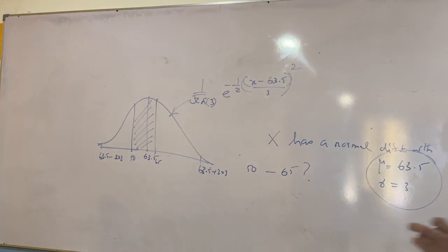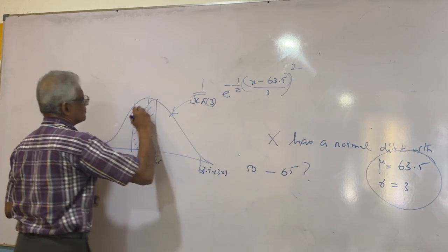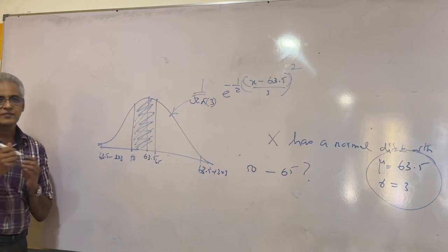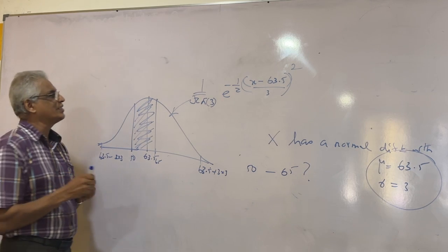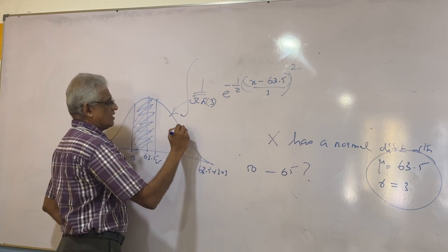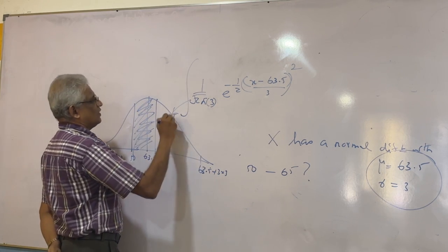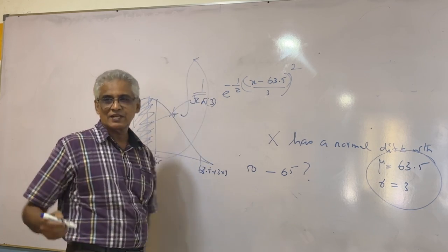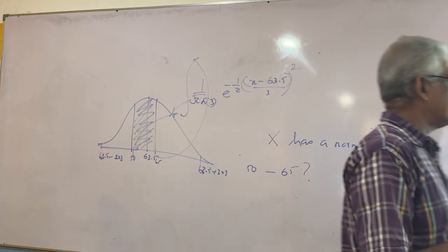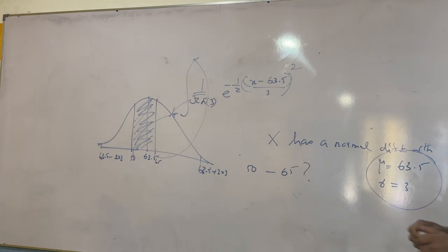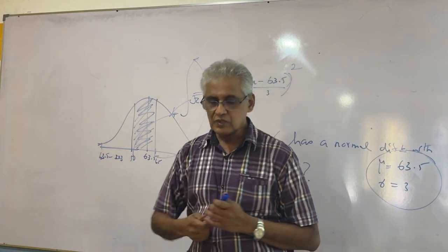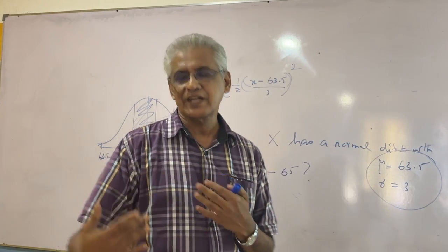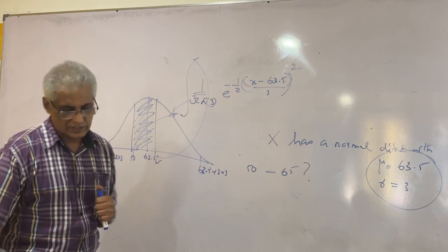So how do you find out this area? You have to integrate this from this value here to this value here. That's what you have to do theoretically. But integration is not that easy here. So instead of directly integrating, we have another method.